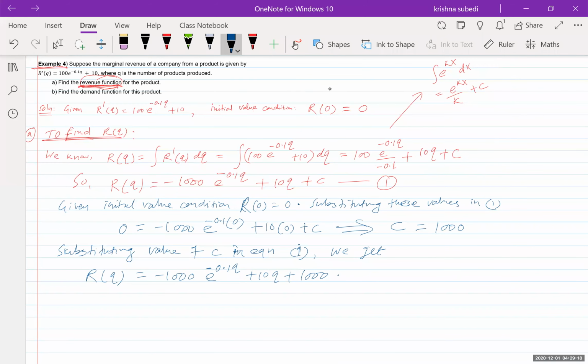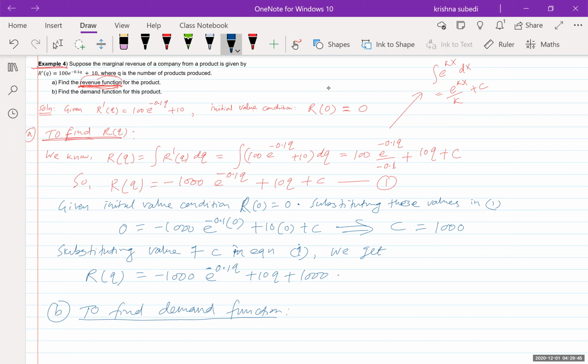And the last question is part B. Part B is find the demand function. So to find the demand function, okay, what is demand function?